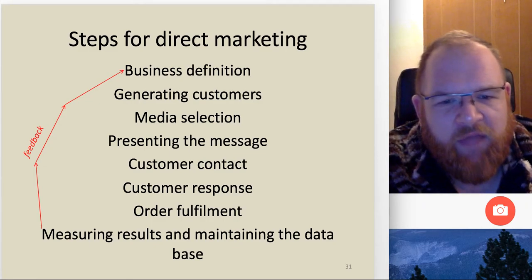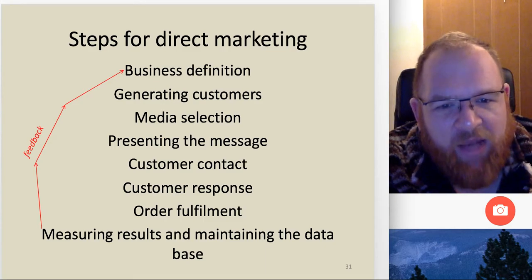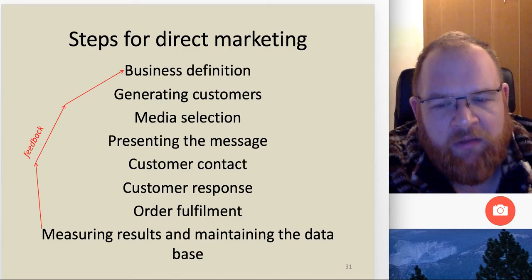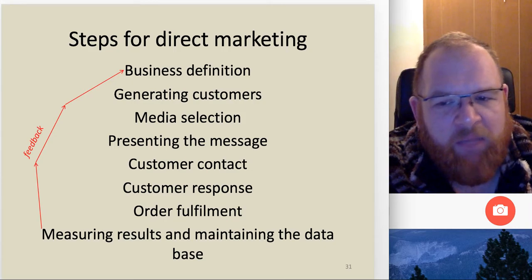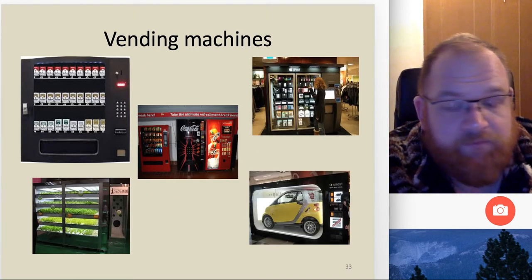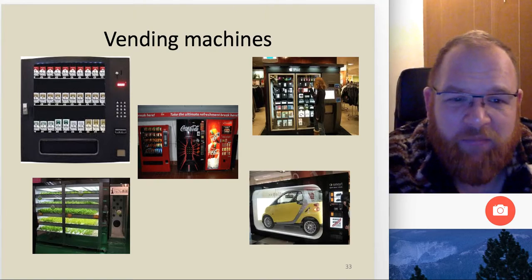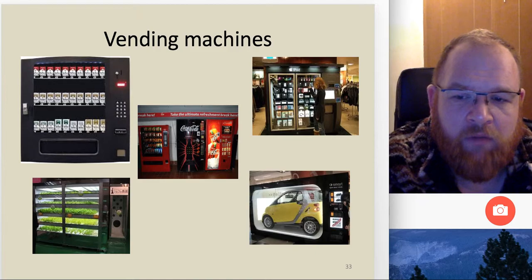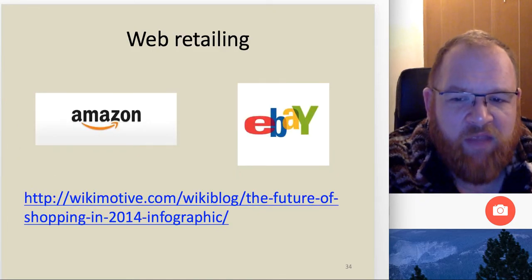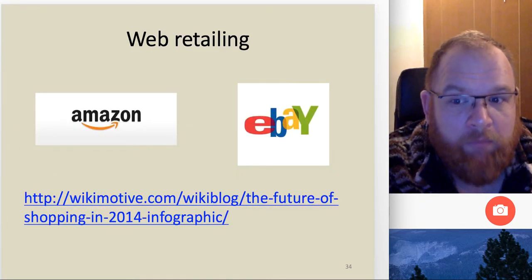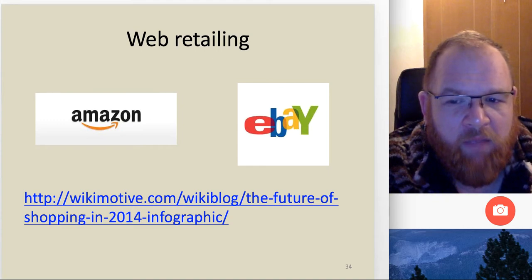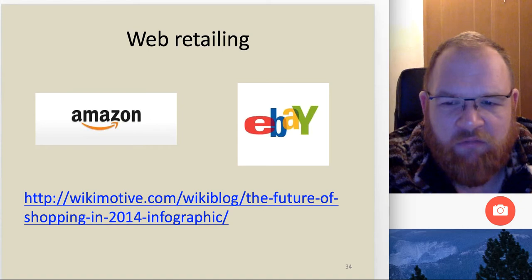So you have to get several different elements right. But it can be as simple as vending machines, and different types of vending machines for different types of products. It goes without saying that it can include the web, and there's another article to look at there.